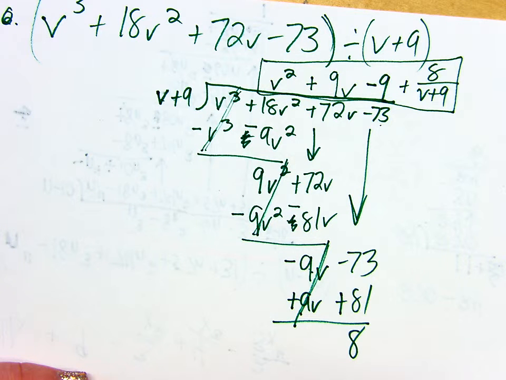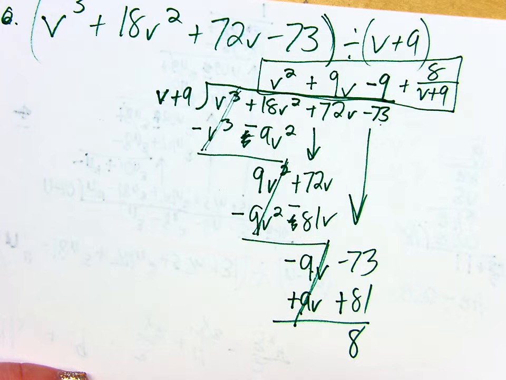Okay, so I said we would do... we don't have much time. Is there a problem on there that skips over one of the degrees? No? I'll have to make one up.